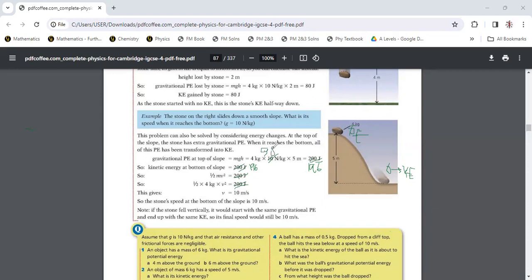With our more accurate value here, we should get 9.9 meters per second, which is pretty close to this. Even if it falls vertically, we have potential energy and we have kinetic energy in the end. So only be concerned with these two values when you perform workings in your questions, unless stated otherwise.